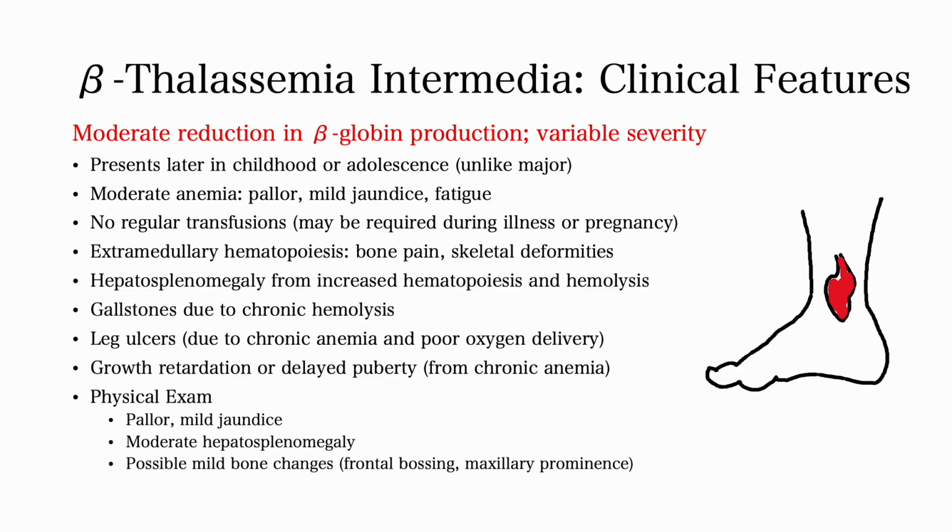However, not all of these would be present in beta thalassemia intermedia, whereas most of them would be present in beta thalassemia major. In terms of the physical exam, again, they fall on the severity spectrum. You could see pallor, mild jaundice, moderate hepatosplenomegaly, and possible bone changes, including frontal bossing and maxillary prominence as well.